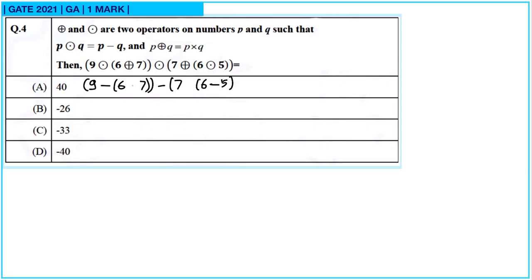And this sign means multiplication, so here we have multiplication. So this will be 9 minus 6 into 7, that is 42, minus 7 into 6 minus 5 is 1. So 7 into 1. Now 9 minus 42 minus 7. So that is equal to 9 minus 7 is 2. So 2 minus 42 is minus 40. So option D is correct for question number 4.